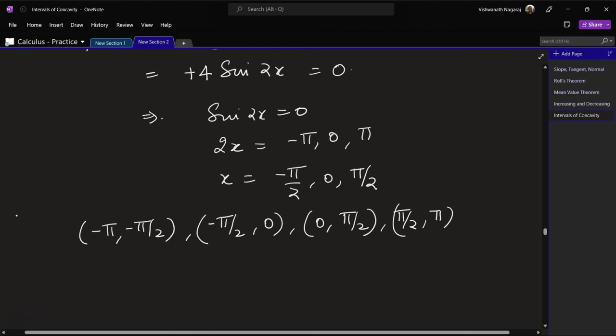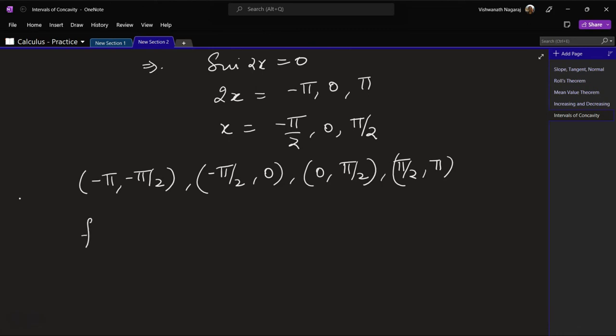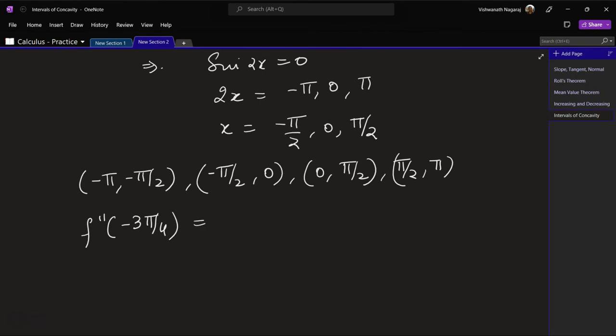So we have these four intervals. Now let's pick some values in these intervals. So f double prime of minus 3 pi by 4 is going to be a positive value. You can just check it out.